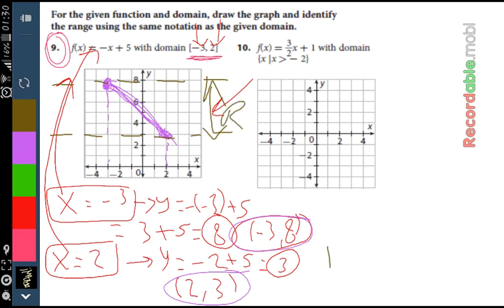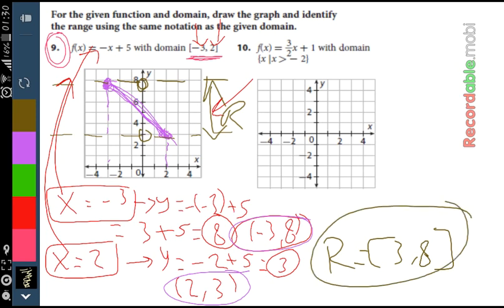So the range for this function starts from 3, which is this value, comma, and it ends at 8, which is this one, and both of them are included because they have shaded circles. So this is the range for this function, and this is the graph for this function.